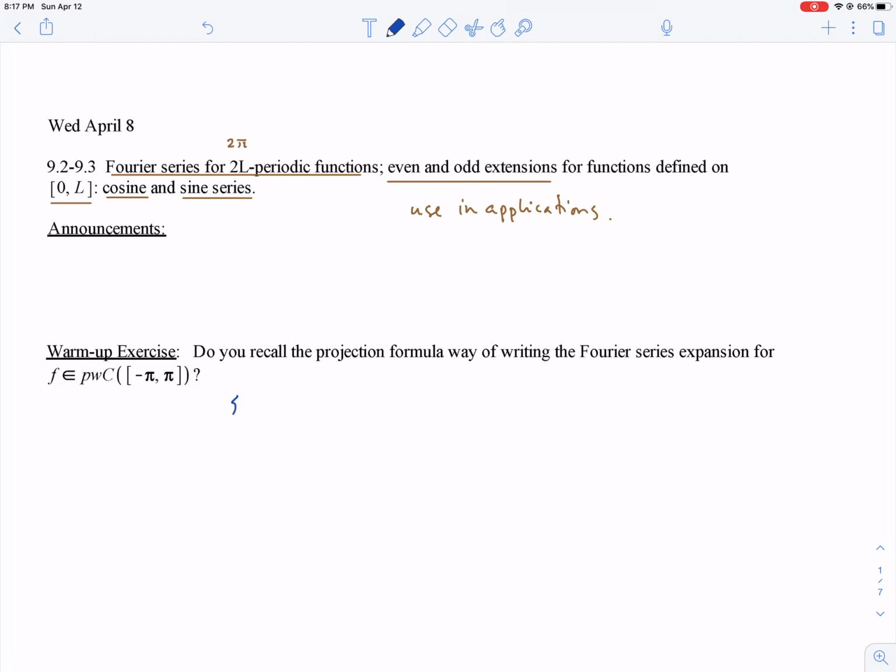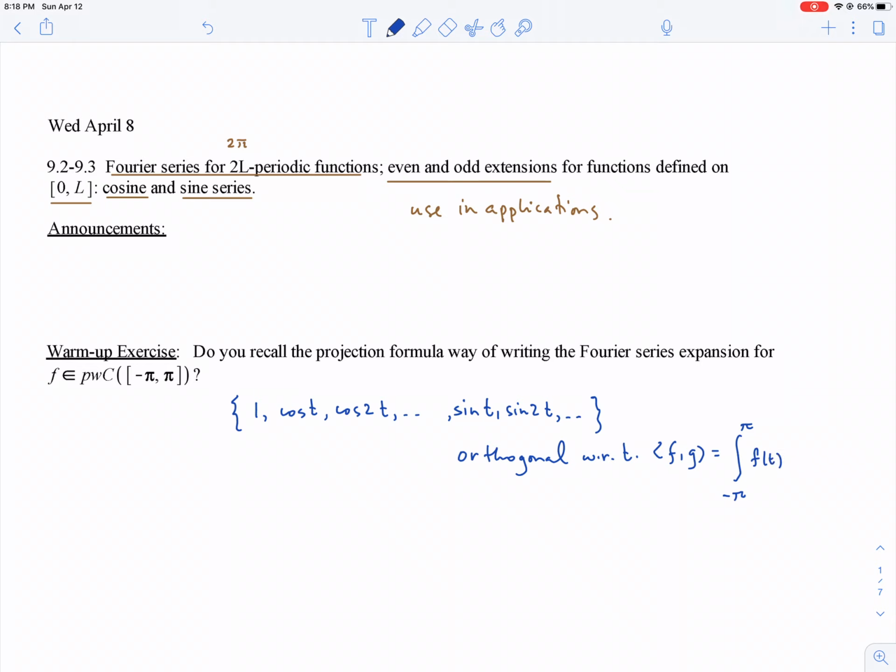So remember, the basis for Fourier series is that if you're considering 2 pi periodic functions, the set 1, cos t, cos 2t, and so on, sine t, sine 2t, and so on, is orthogonal for the inner product which was the integral from minus pi to pi.